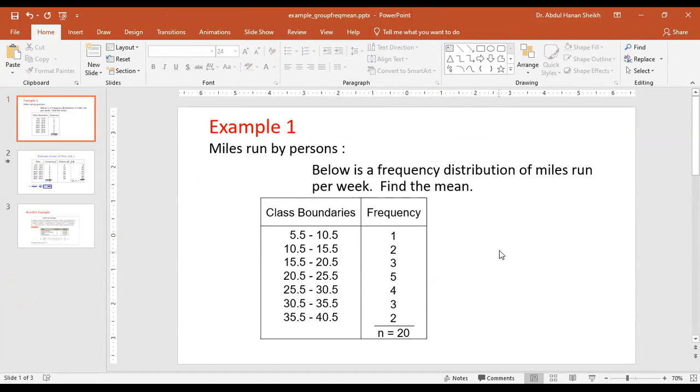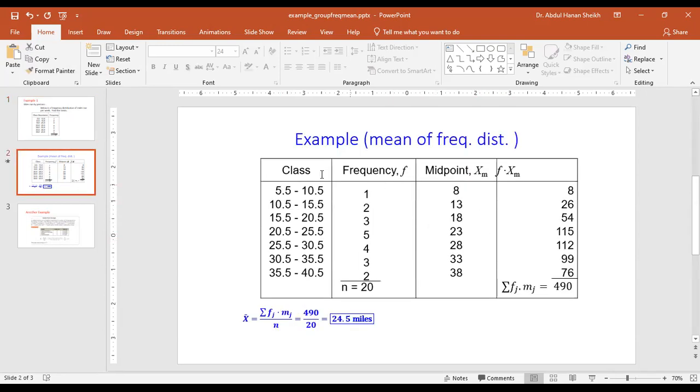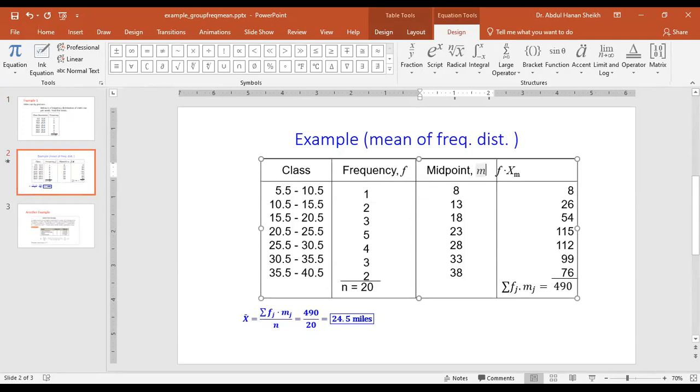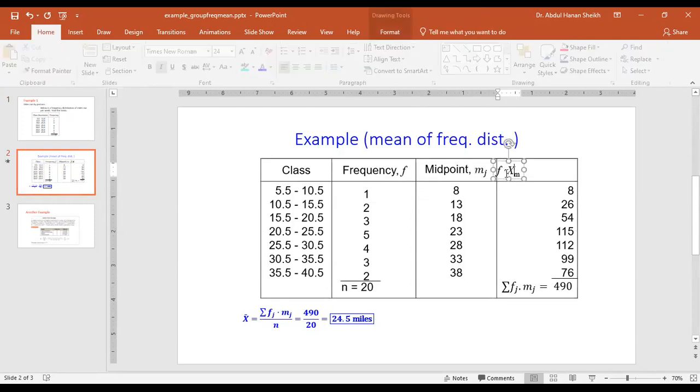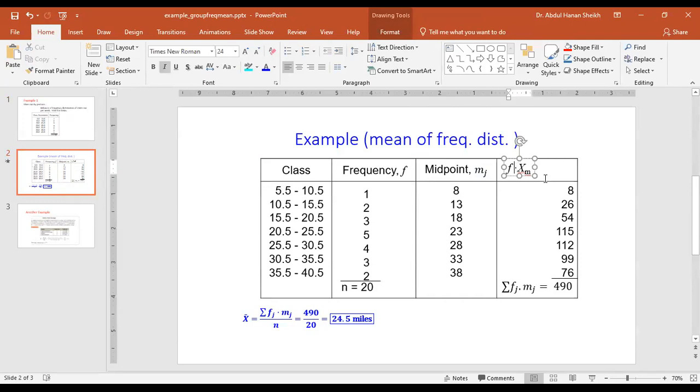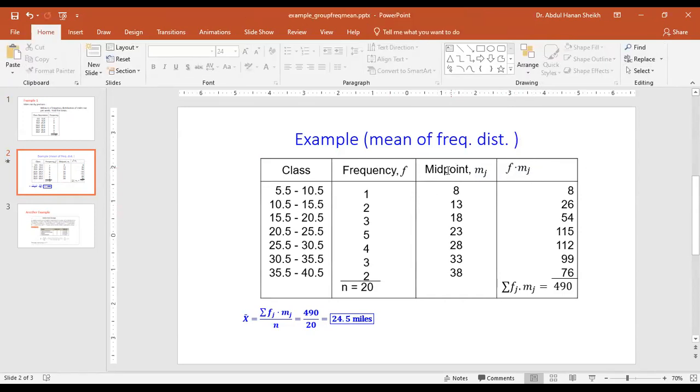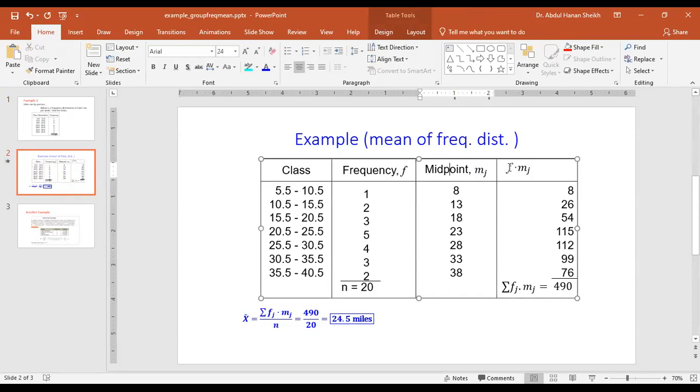If you go through the steps, we have to make 4 columns. This is the first column, second, third, and fourth, M_j. The third column is finding the midpoint and then multiplying that midpoint with the frequency.